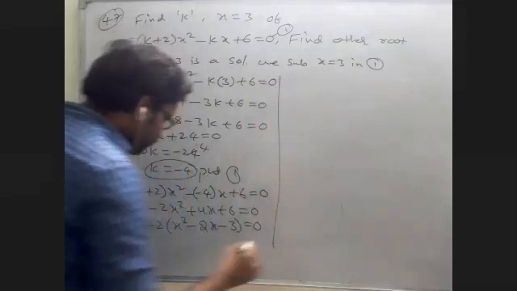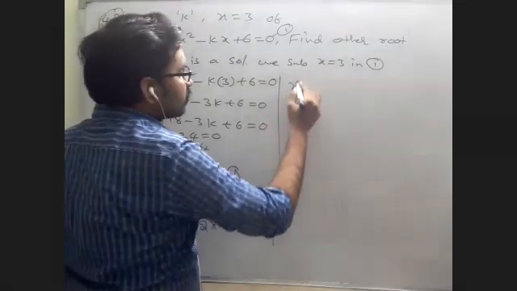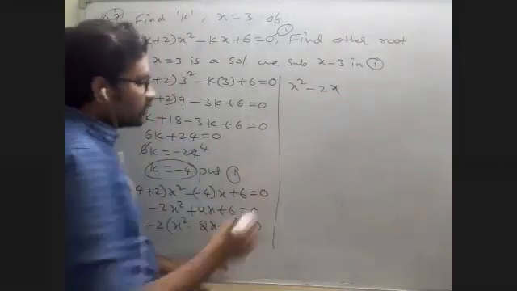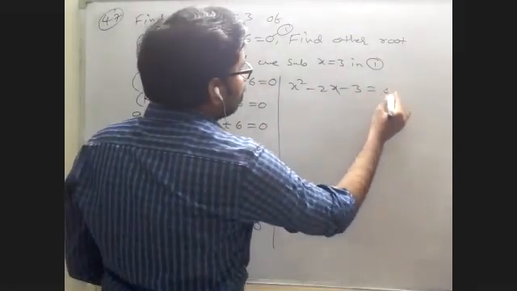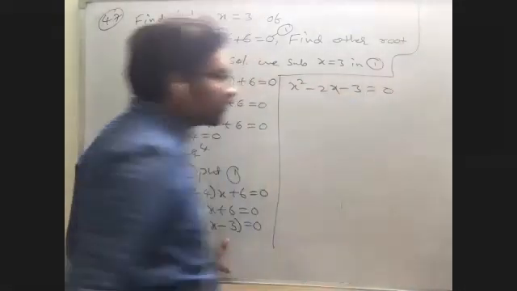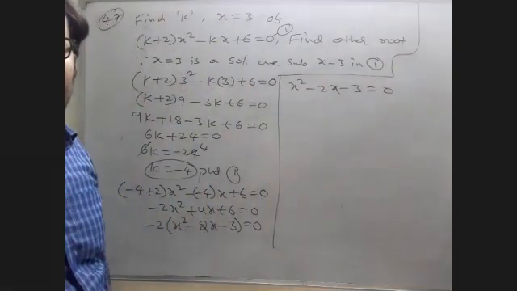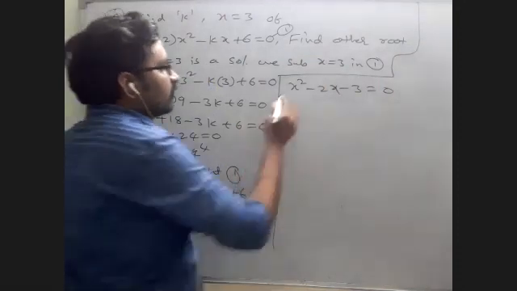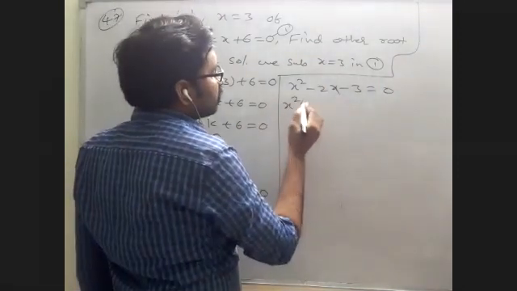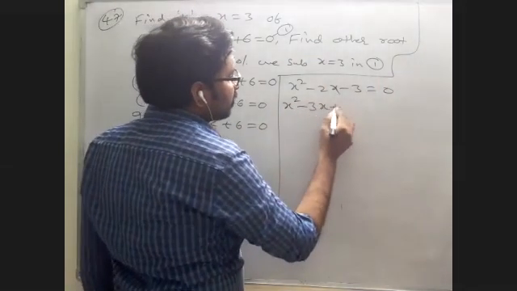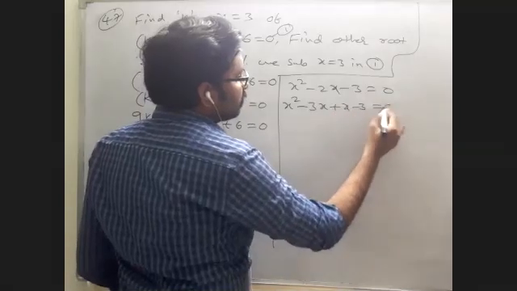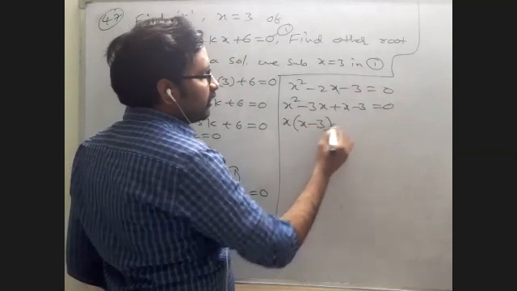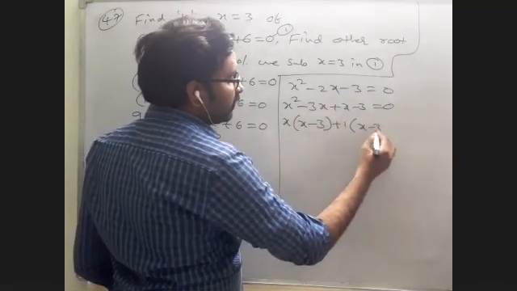Therefore the quadratic equation will be x square minus 2x minus 3 is equal to 0. Now we have to do factorization, then you will get one more root. 1 into 3 is 3, therefore you can write x square minus 3x plus x minus 3 is equal to 0. Now we can take x common, remaining x minus 3, plus 1 common, x minus 3 is equal to 0.